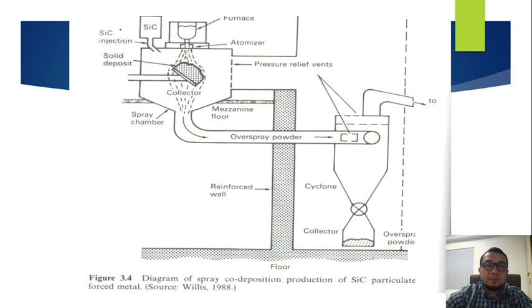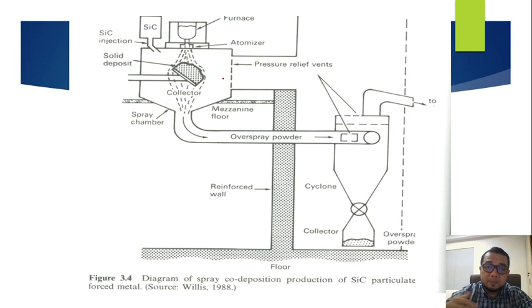So this is the SiC. Our main material is SiC, and SiC is the particulate or reinforcement. This is the furnace. We melt down our metal inside here. This is the atomization, where this is the spray chamber. The SiC will spray into the molten metal, and then it has a pressure relief fan.